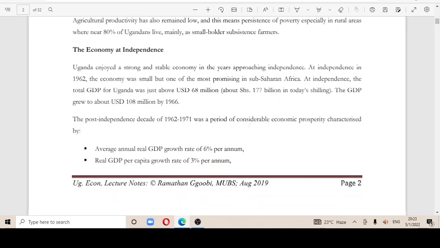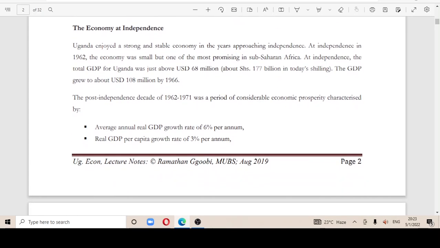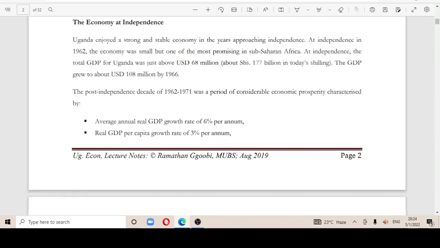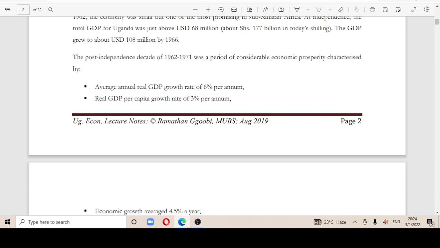So here they are saying the post-independence decade was characterized by an average annual real GDP which grew at 6% per annum. Real GDP deals with the monetary value of goods and services, and if GDP grows above 5%, it means that the economy is doing well.